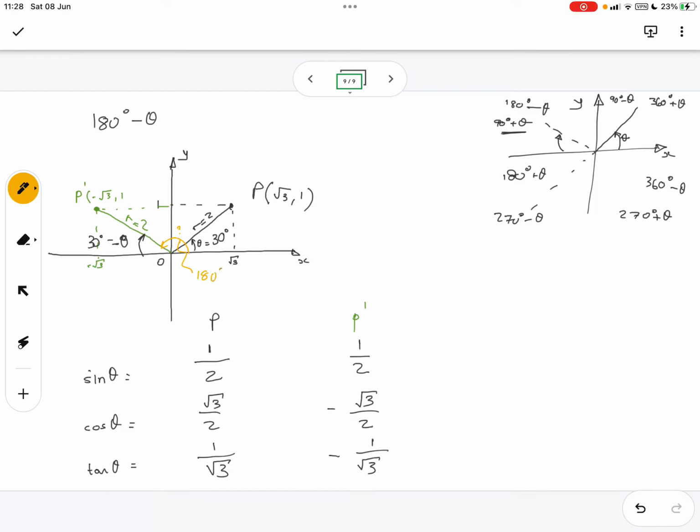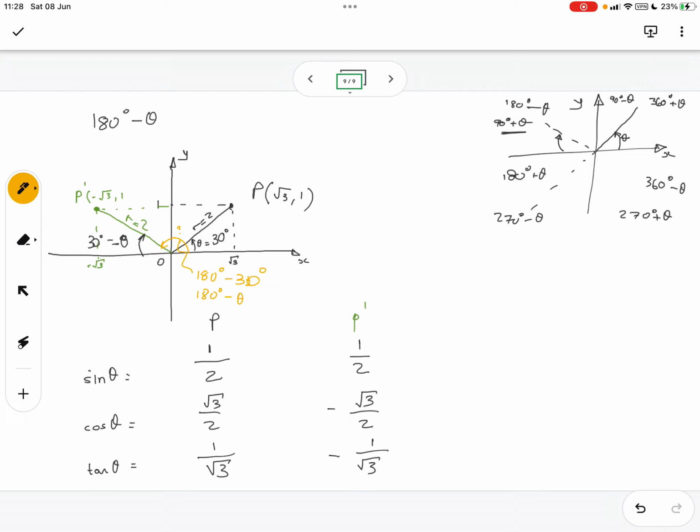Because it means it's this angle here. That means we have to take 180 degrees and subtract a certain measure. How much is that measure? 30 degrees. So this angle in yellow is going to be 180 degrees minus 30 degrees.